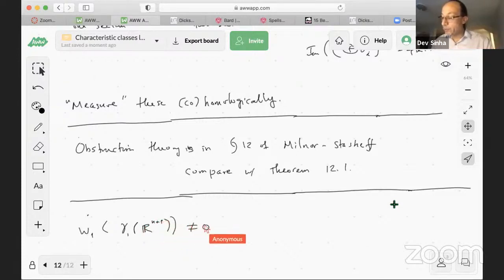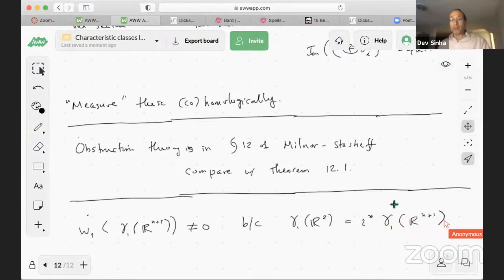This is also not 0, and that's because this tautological bundle, which is the Mobius bundle over RP^1, is the pullback of the tautological bundle in R^(n+1), by the map given by inclusion of R^2 in R^(n+1). Therefore, lines in R^2 include in lines in R^(n+1). Easy to check you've got that pullback.